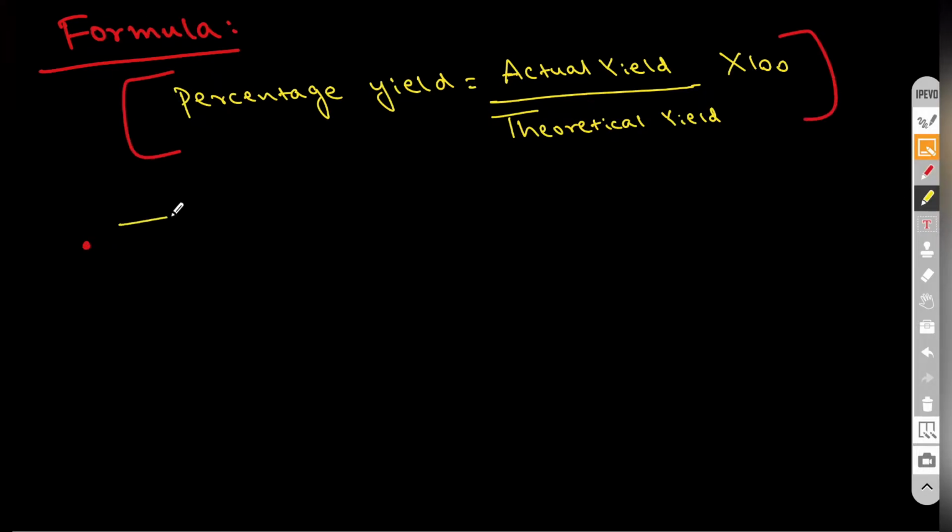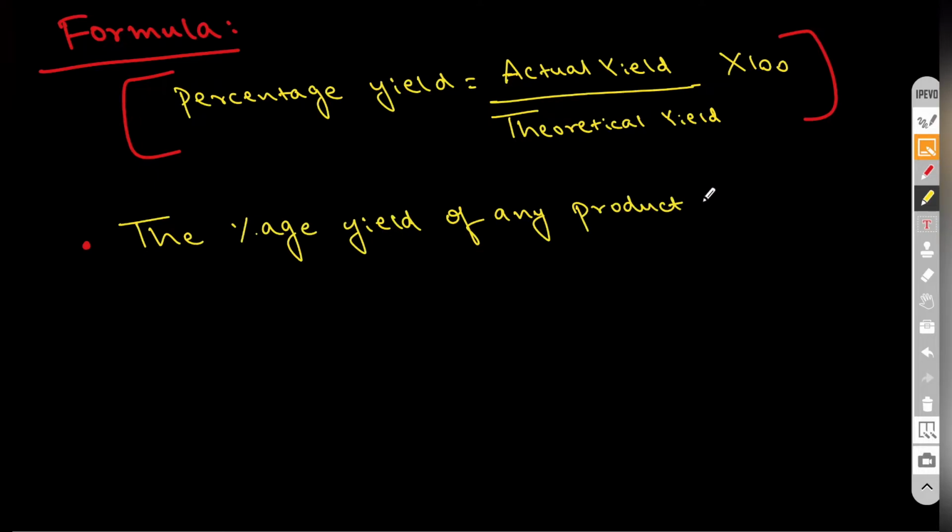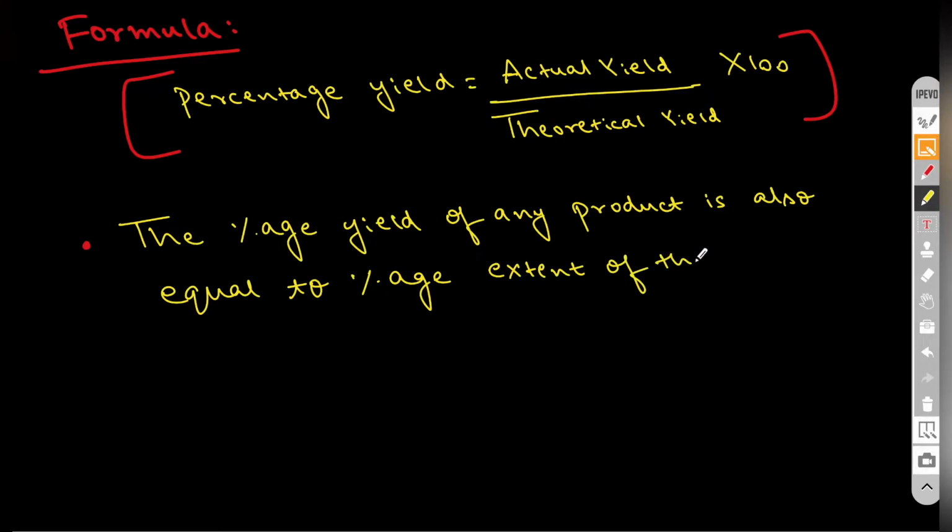Also we'll write a point here that the percentage yield of any product is also equal to the percentage extent of the reaction. So the percentage extent of reaction is equal to percentage yield of the product, simply.